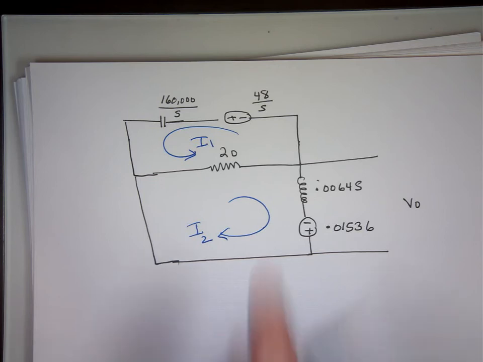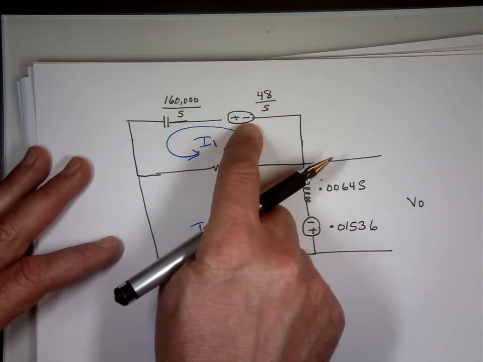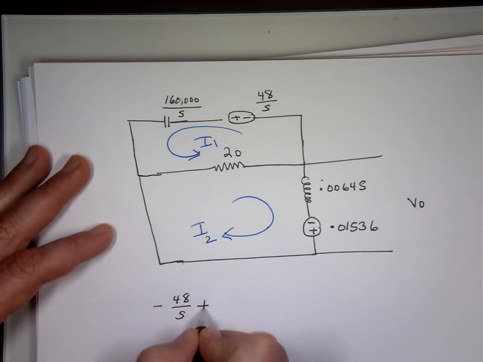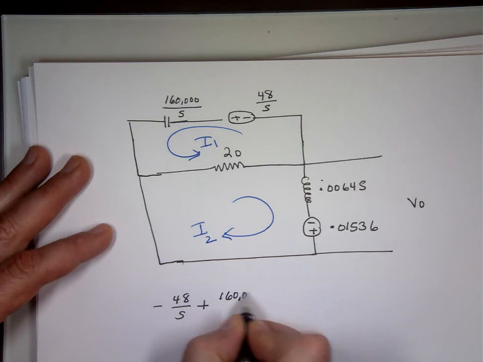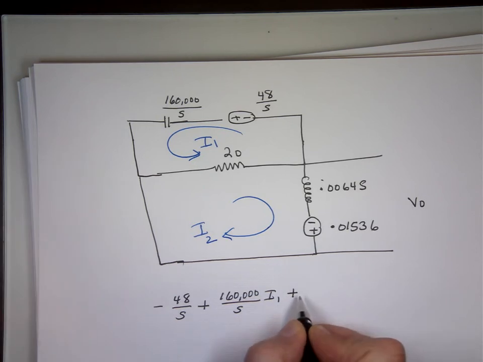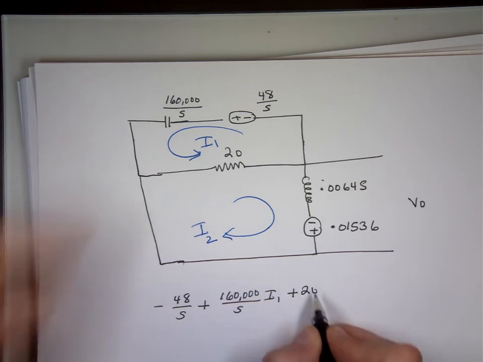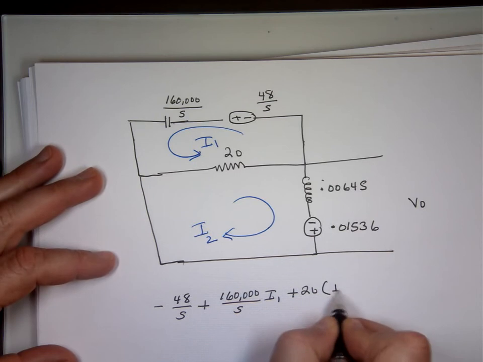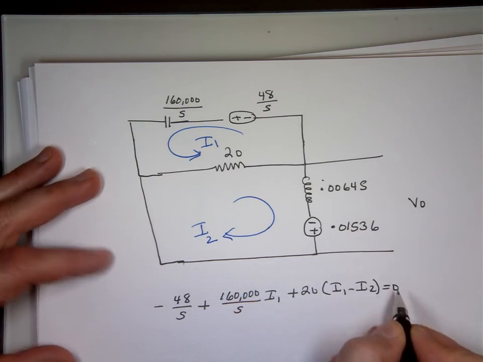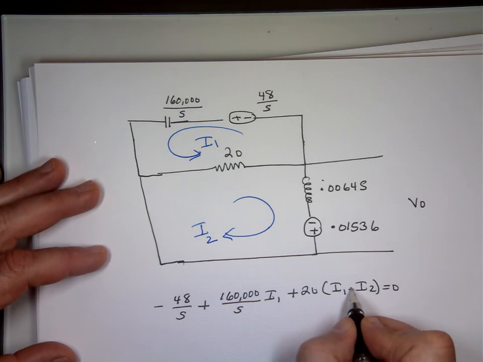KVL right here, that's a source. Entering that, that's a negative: 48 over S plus 160,000 over S times I sub 1 plus 20 times the current going to the right, I sub 1 minus I sub 2. Is it a plus? Plus, yeah, thank you. They both go in the same direction.